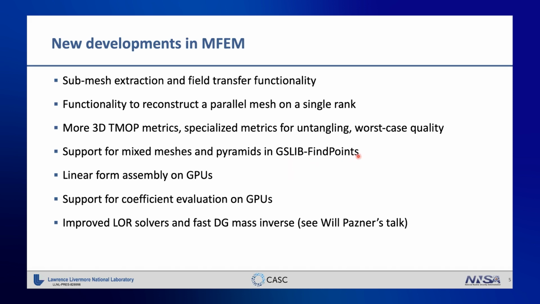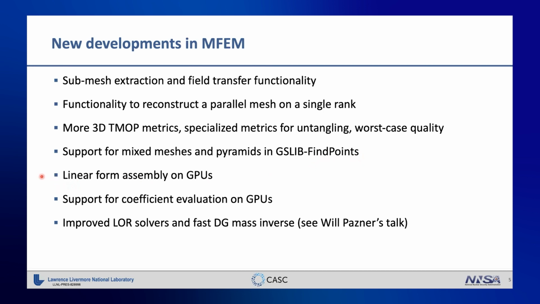Basically, given a set of points in physical space, it can find their location: which element each is in and what the local coordinate in that element is. So that's a very powerful tool for various algorithms.